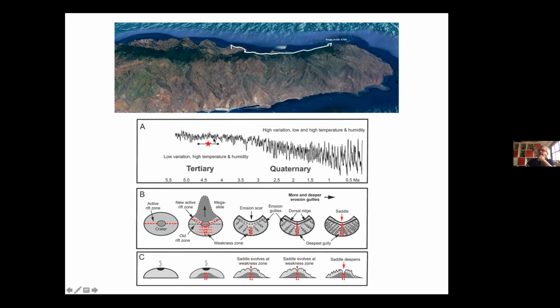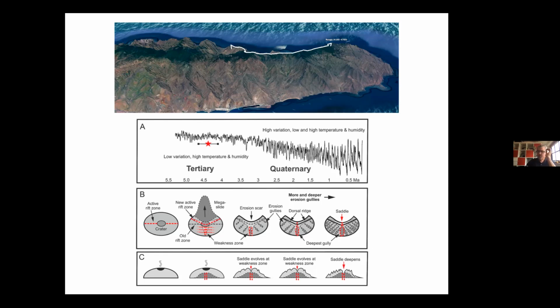The landslide occurred in a period of global climatic relative stability. What I'm showing here is how climate has oscillated through time in the last 4.5 million years. So you can see it's become increasingly variable and more extreme as we get towards the present.